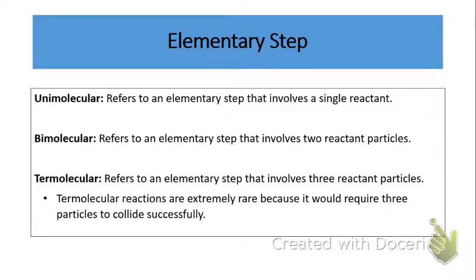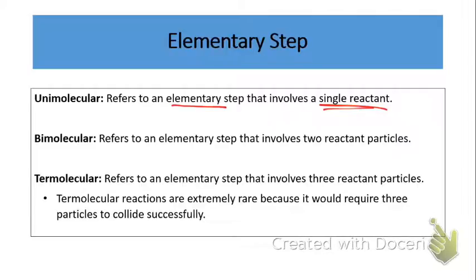All right, there are three important vocabulary words that we need to understand in order to deal with reaction mechanisms. The first one is unimolecular, which essentially means that an elementary step involves one single reactant. So when you look at the elementary step, there should only be one reactant involved. We'll give you some examples here in a minute.